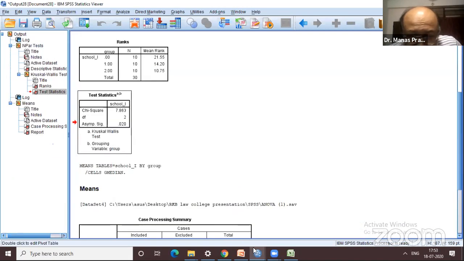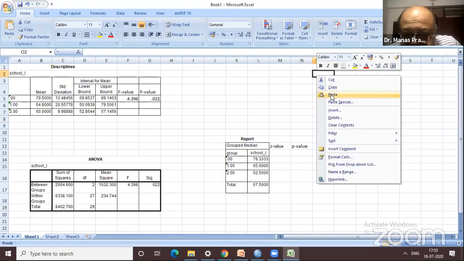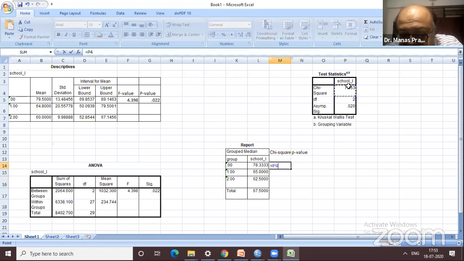It's a chi-square test. So copy this here. Paste. This is not Z, this is chi-square. And this is the p value.